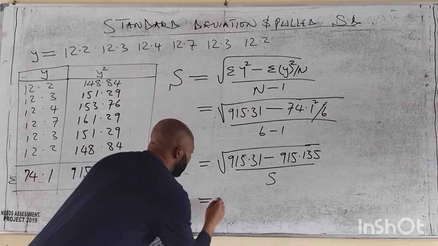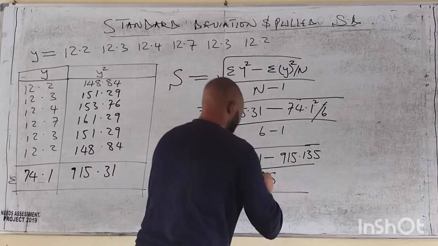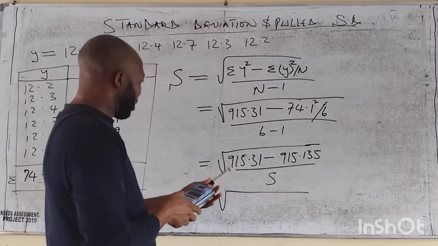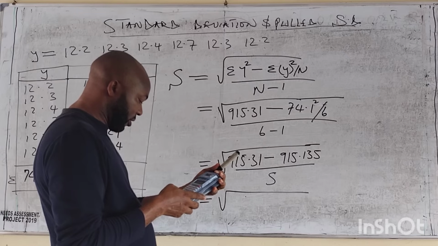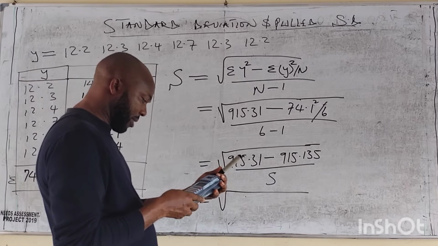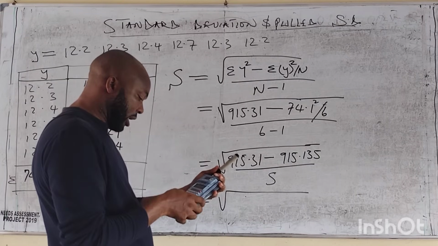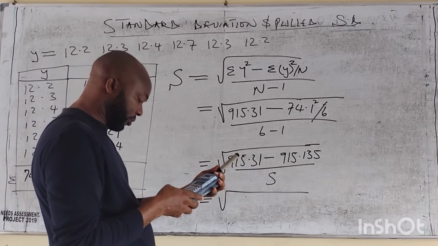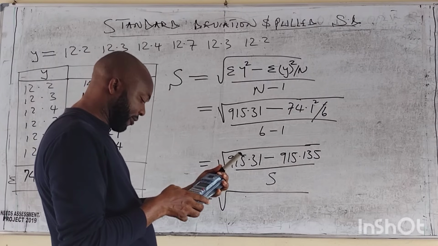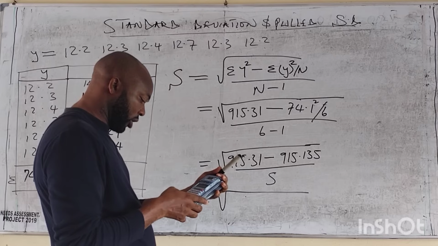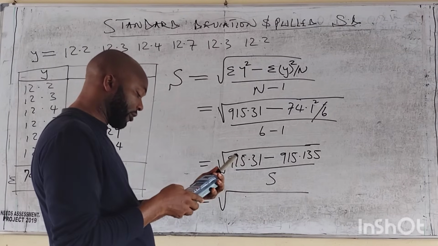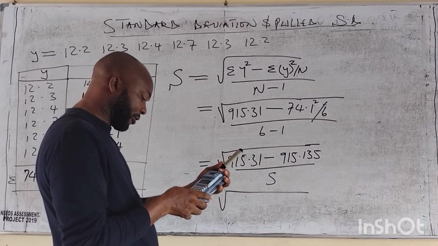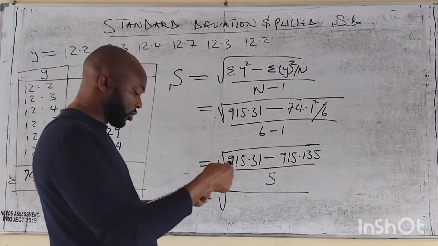So this is equal to 915.31 minus 915.135, which equals 0.175. Divided by 5 is 0.035.